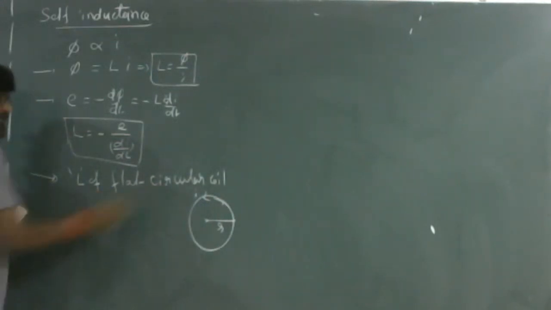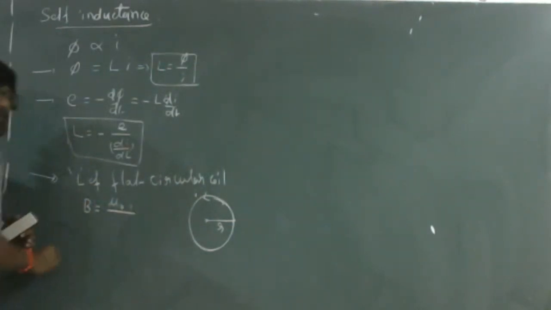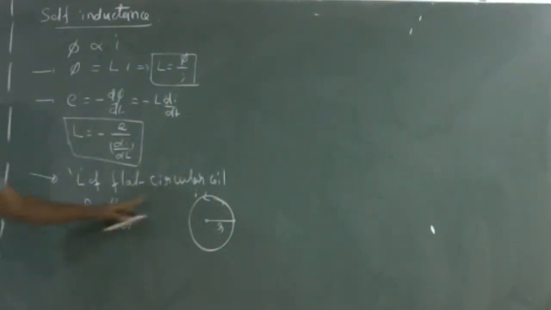If it has radius R, then the area of the coil is pi r square. Then the magnetic field produced is mu naught I by 2R if the coil has one turn. If it has n number of turns, the magnetic field is n into mu naught I by 2R.